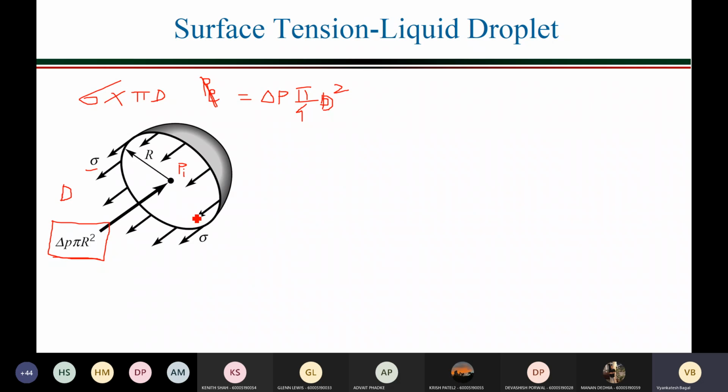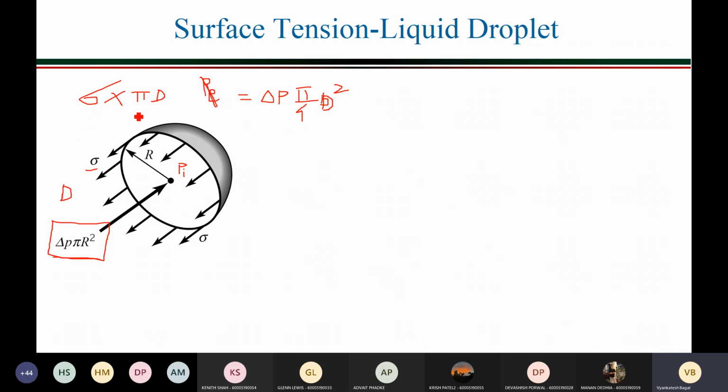Now remember, when I cut the liquid droplet, inside it is solid. So there is only one surface on which the surface tensile force is acting. So what will be the situation if I cut a hollow bubble like this? In case of a hollow bubble, you will observe there are two surfaces which are in contact, the inner surface of the bubble as well as the outer surface of the bubble.